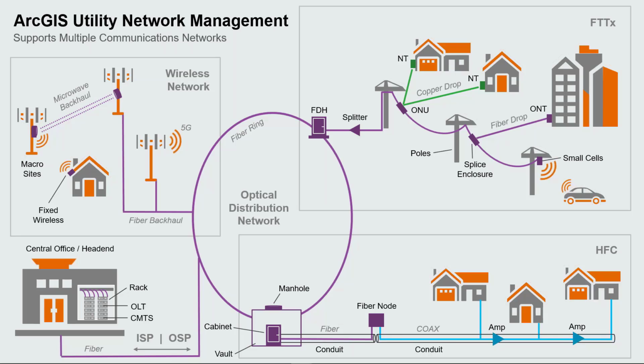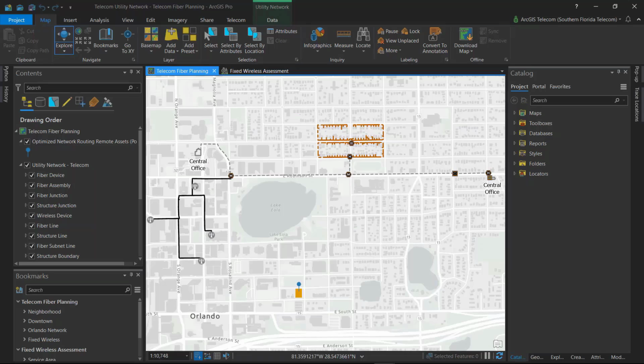So now, let's jump into ArcGIS and see how a complete network and connectivity model for communications can optimize the network rollout process. So with a complete GIS, we can plan communication networks and optimize network build-out, whether it's fixed line or wireless.